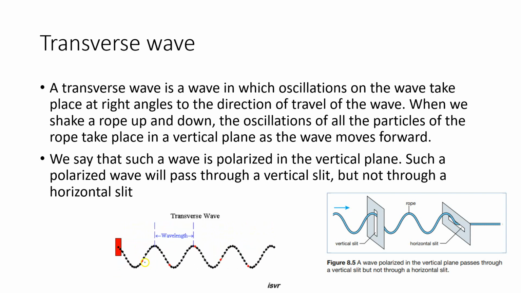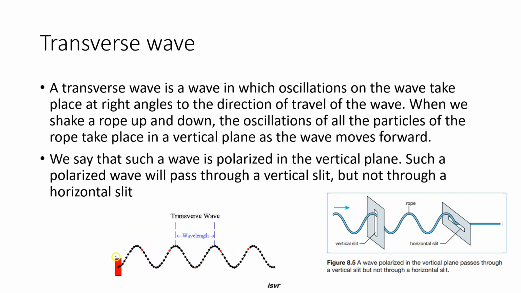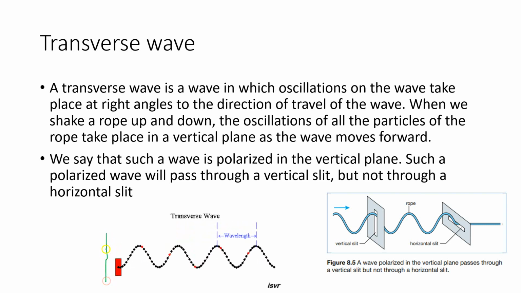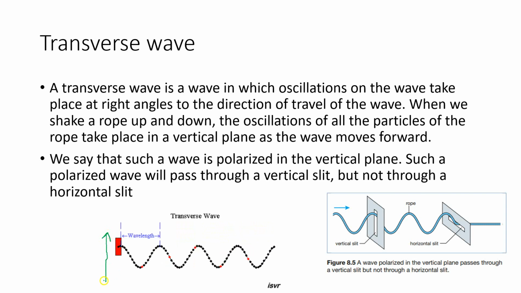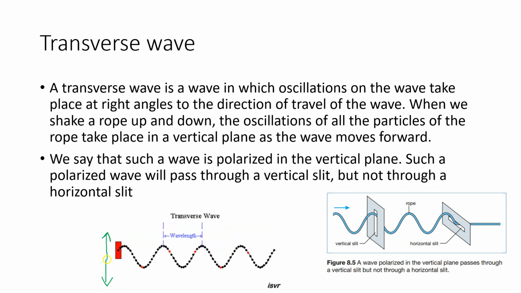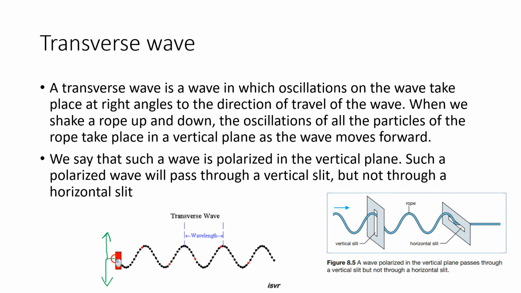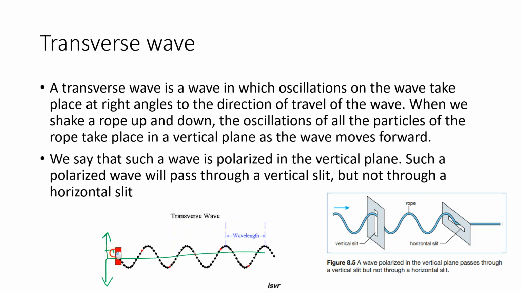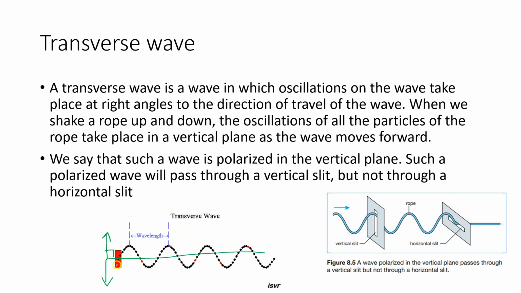That is the important thing about a transverse wave, the right angle, because you're moving the rope up and down to produce your transverse wave, but the wave is moving in this direction. This is what makes it a transverse wave.